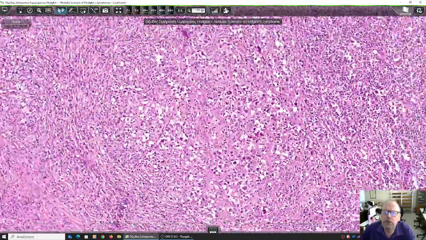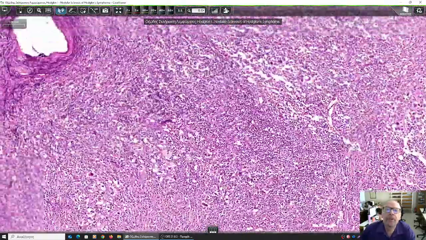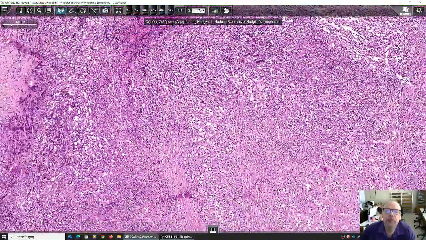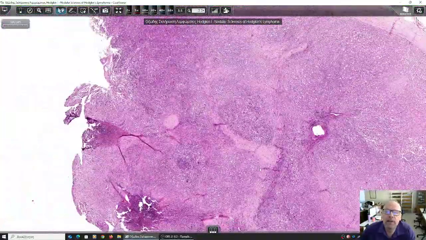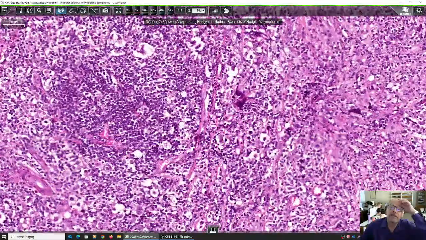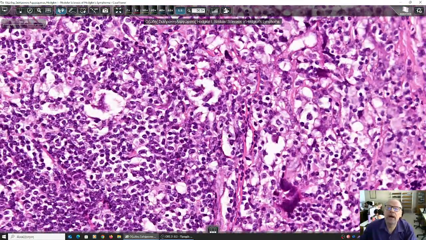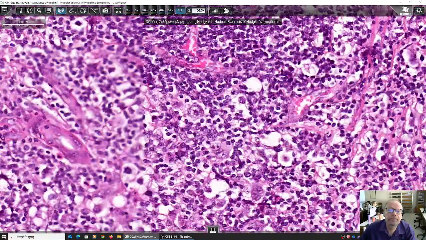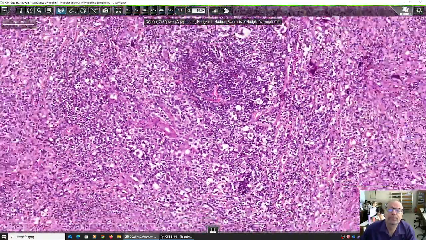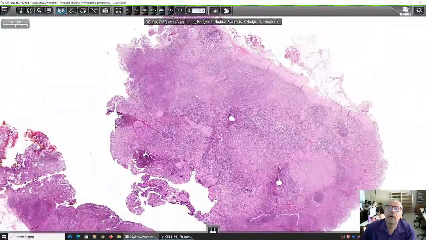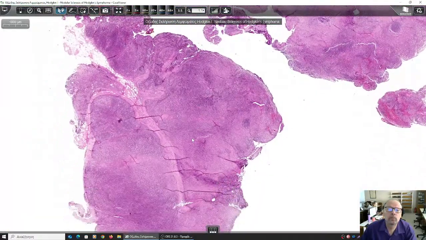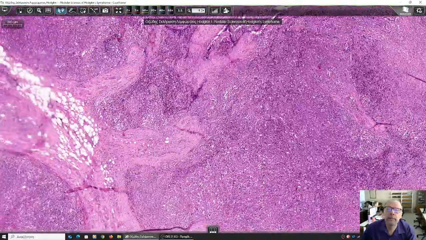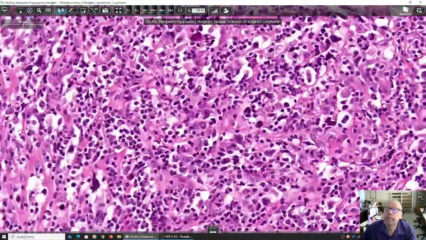Let's have a closer look at them. We'll find them throughout the nodules in the lymph node, and we'll have a look at them in many places. They are everywhere in the lymph node. You can see them. Shall we try here?